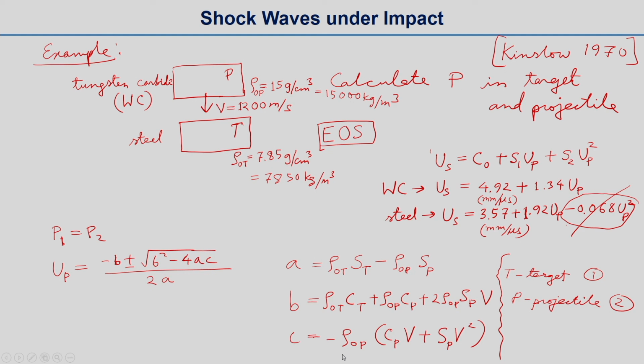And then we have this C naught, CT or CP. These are nothing but this, so this is CT for the target, and this is CP for the projectile.